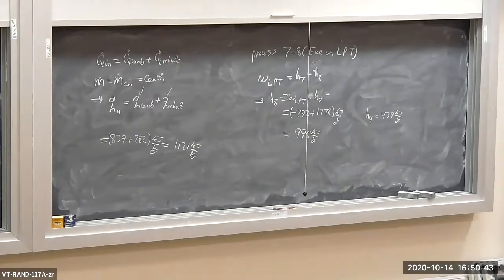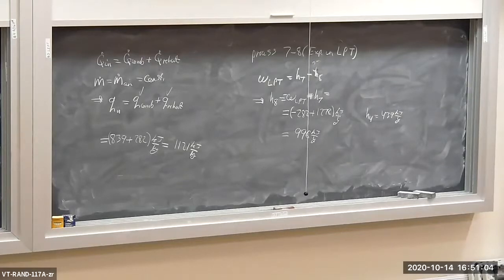0.75 at 75%, 996 minus H4, 439 kilojoules per kilogram.